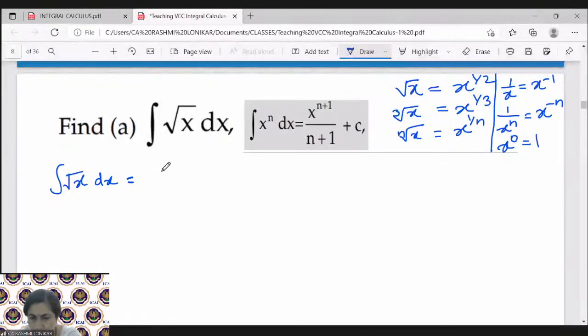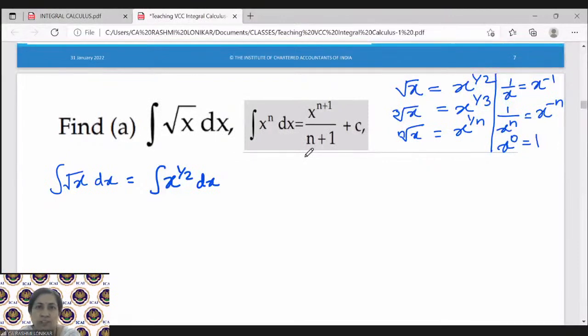So this is the integral of x raised to half dx. Which formula am I using? Integral of x raised to n dx is equal to x raised to n plus 1 upon n plus 1. I've just written the formula also for you so that it is there in your memory.